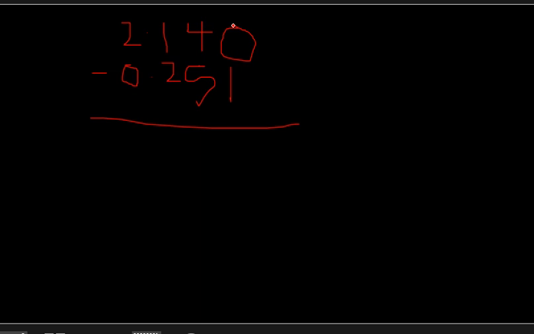So 10 minus 1, you've got 9. Okay, 3 minus 5, borrow 1 from 1, and you've got a 13. 13 minus 5, 8. Okay, here you've got a 0, borrow 1 from 2, you've got an 8 again, remainder 1. So 1.889, you've done your subtraction.